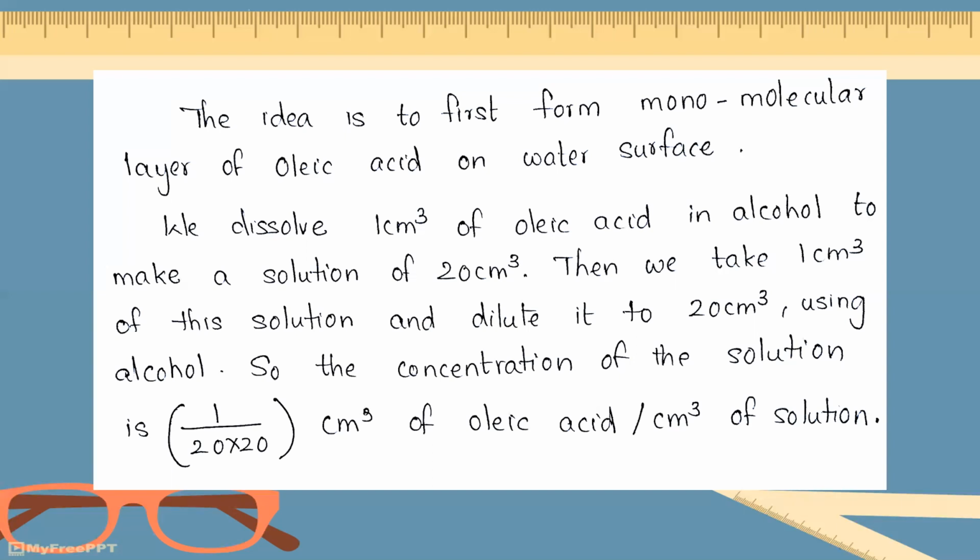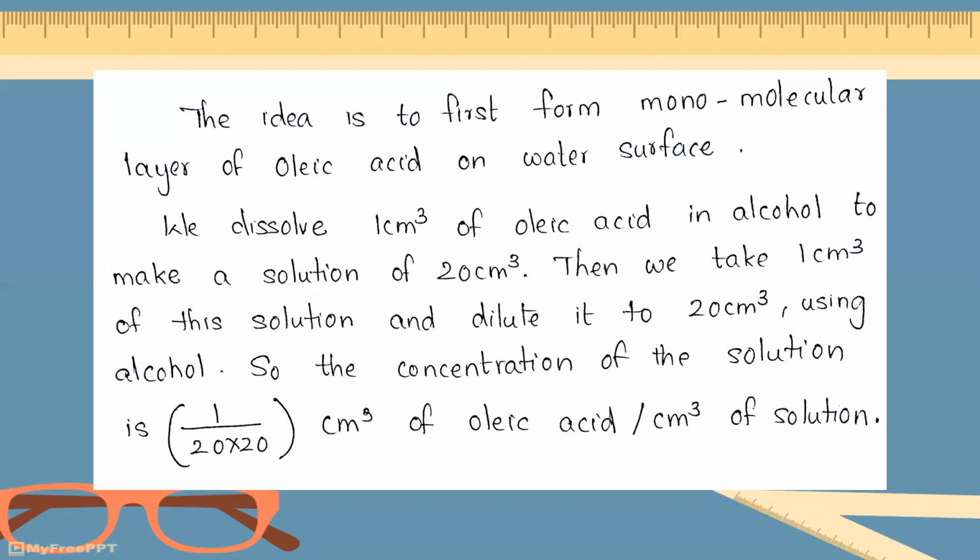Take that diluted liquid again. You take one part of the diluted liquid and then take 20 parts of alcohol, and once again mix it. Then how much will be the concentration of the solution? 1 divided by 20 into 20 centimeter cube of oleic acid per centimeter cube of solution.